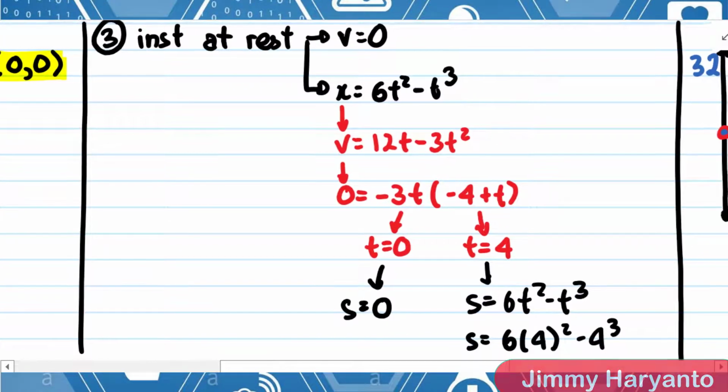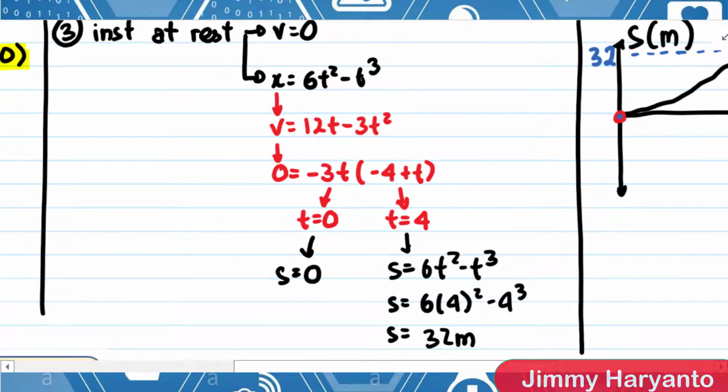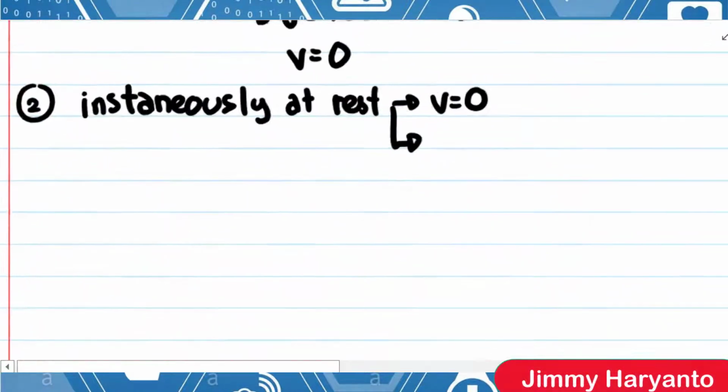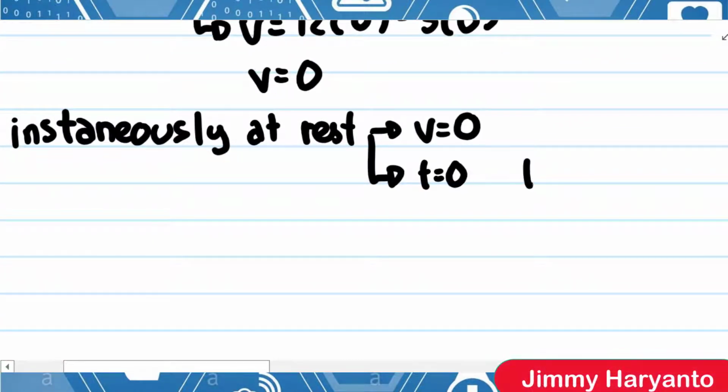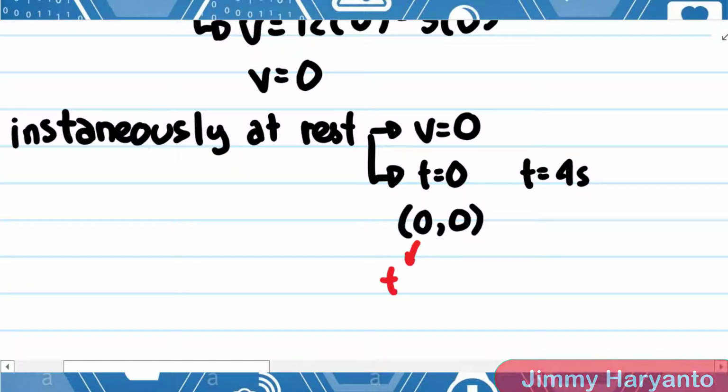We have 0 seconds and also 4 seconds, and that means this one is 0, 0. Why is it 0, 0? Because the time is 0 and the velocity is instantaneously at rest. That means the velocity is also 0. And for the 4 seconds, we have 4, 0. Why? Because the time is 4 seconds and the velocity is instantaneously at rest. That means 0.